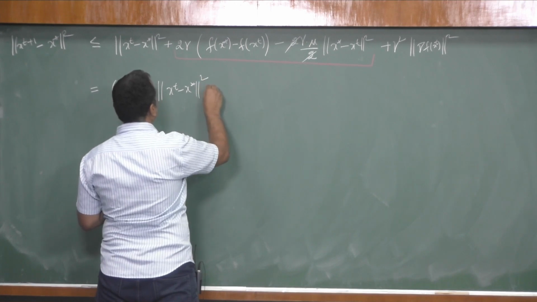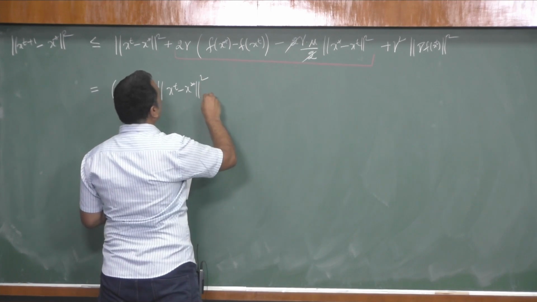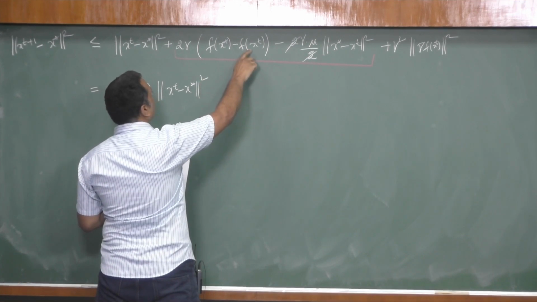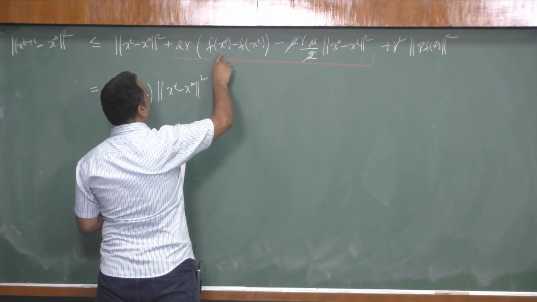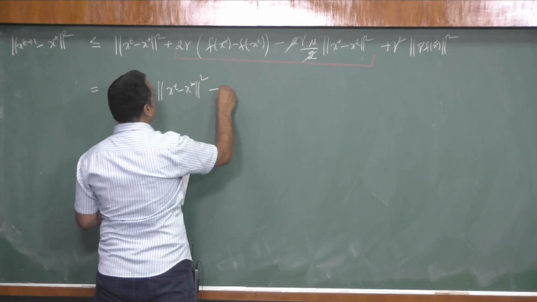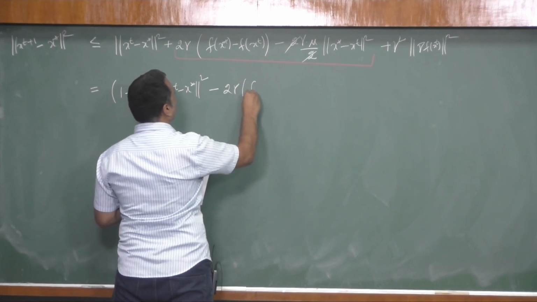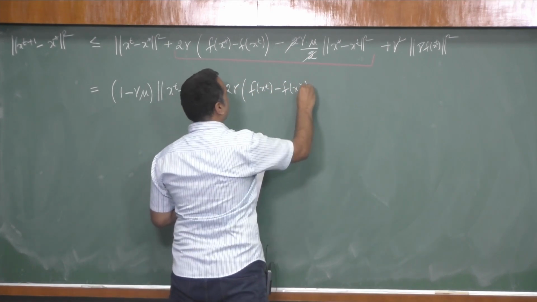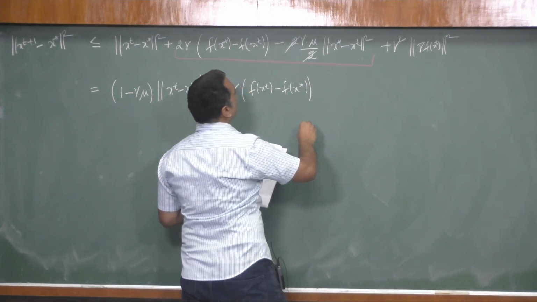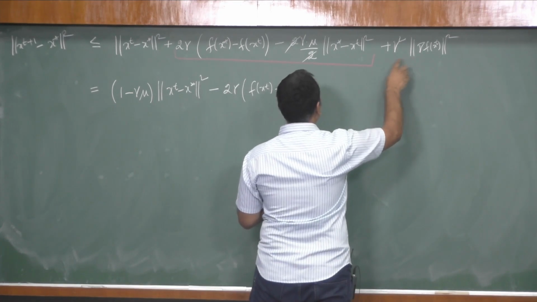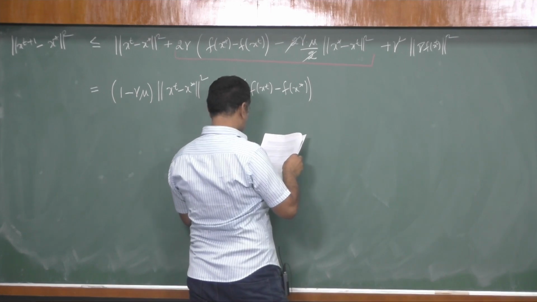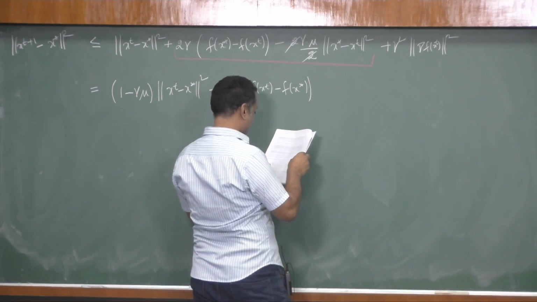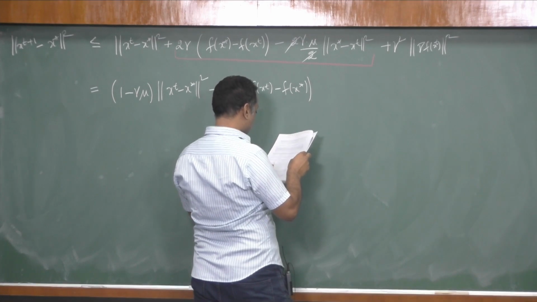So this is plus, I would prefer to write it as f(xt) minus f(x star), so I will take a minus common here. So minus 2 gamma f(xt) minus f(x star), and this guy we have done before as a lemma.